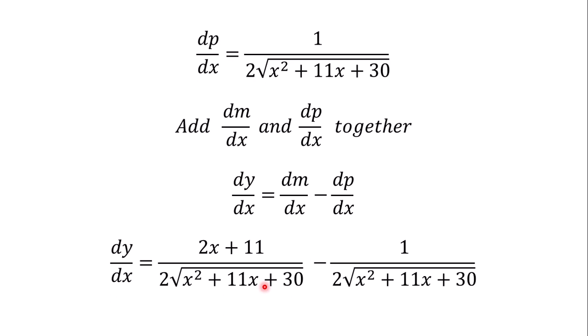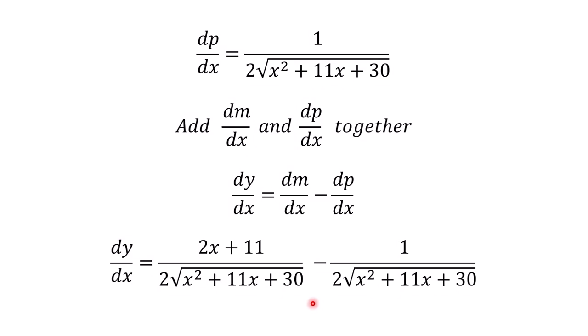Good. Now as you can see, this and this have the same denominators. This one is the same thing as that, so it's a like fraction. Since it's a like fraction, what we are going to do here is just write one of the denominators and subtract the numerators.